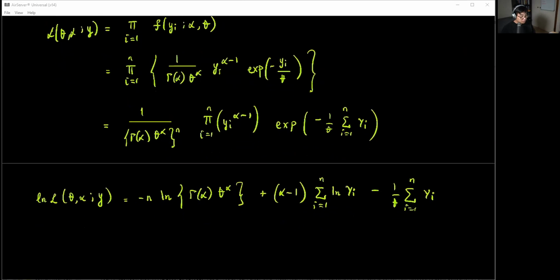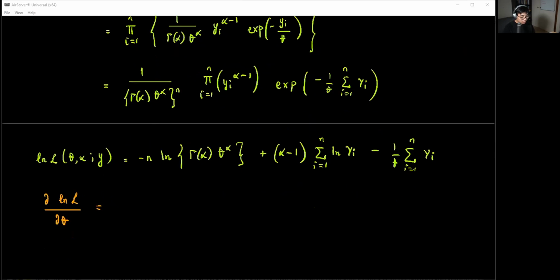Fantastic. All right. So therefore, we now have the following first order conditions. Okay. So we take the derivative of the log likelihood with respect to theta. What do we get? Well, we simply get... No, I see a problem. Okay, give me a second here.